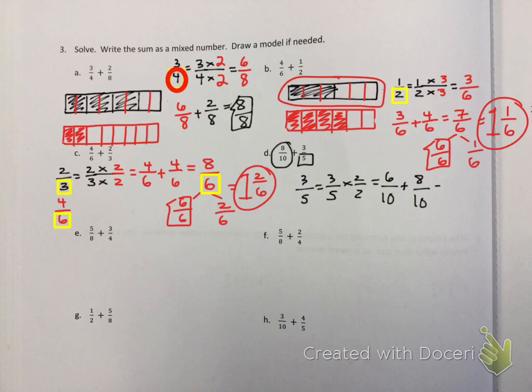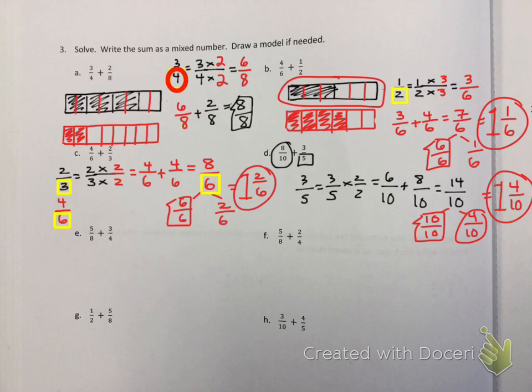We're adding it, and that's going to equal 14/10. But this is a fraction greater than 1, so I need to make it a mixed number, and I am going to take 10/10 out. I have 4/10 left, and this equals 1 whole and 4/10. Boom. All right. Cool. Excellent work.